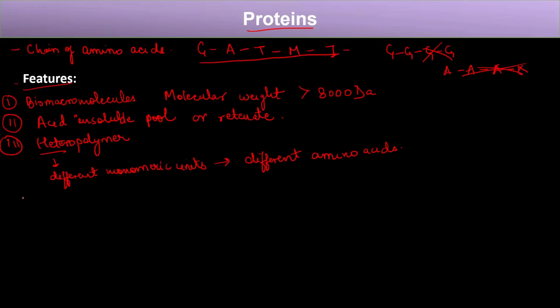Now, if we talk about the nature of amino acid, what is the nature of amino acid? It is amphoteric, which means it can act both as acid and base. Why? Because if you remember, the amino acids are zwitterions, right?